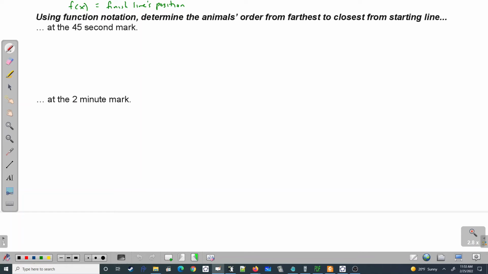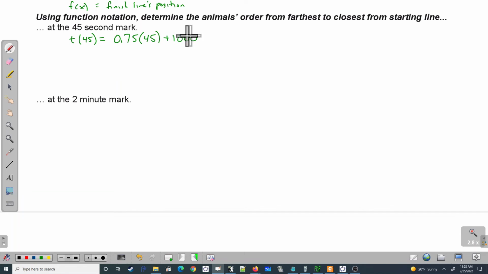For instance, where is the tortoise going to be at the 45-second mark? It's pretty easy. You want x to be 45. So literally say t of 45. Function notation basically says, all right, you just told me x is 45, so wherever I see an x, I'll fill in 45.